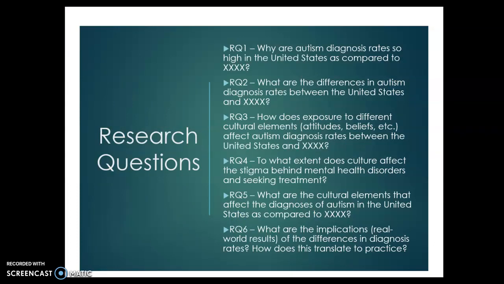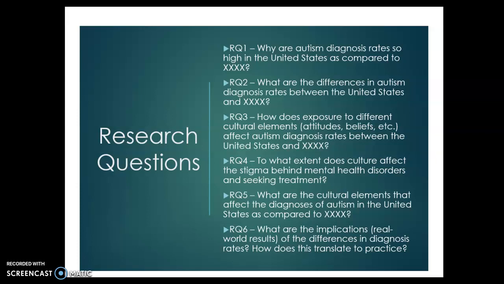Research question 1: why are autism diagnosis rates so high in the United States as compared to South Korea is what she used. What are the differences in autism diagnosis rates between the United States and said country? How does exposure to different cultural elements, attitudes, beliefs, etc., affect autism diagnosis rates between the United States and said country?